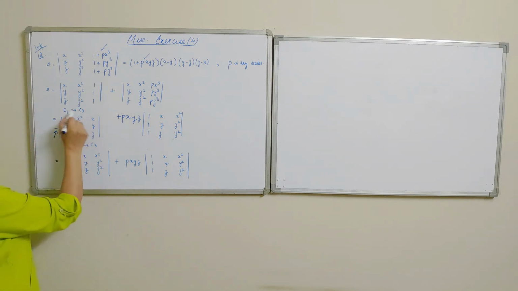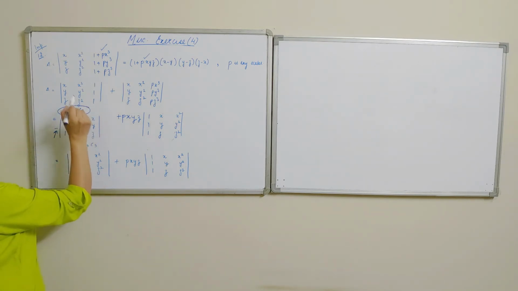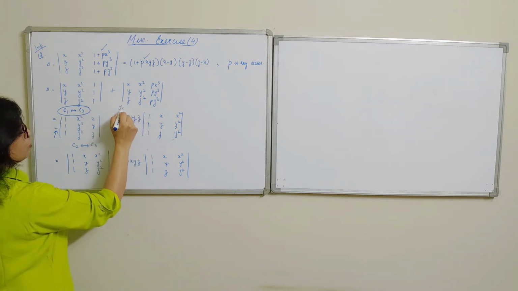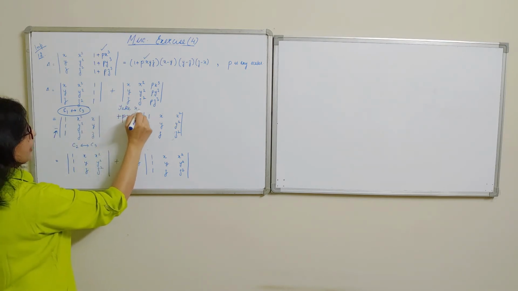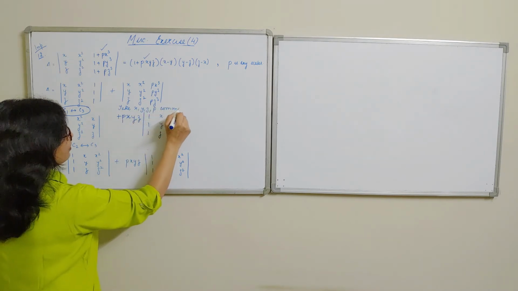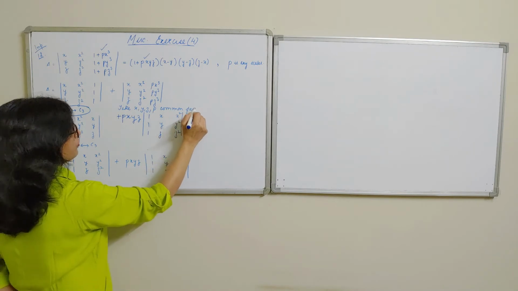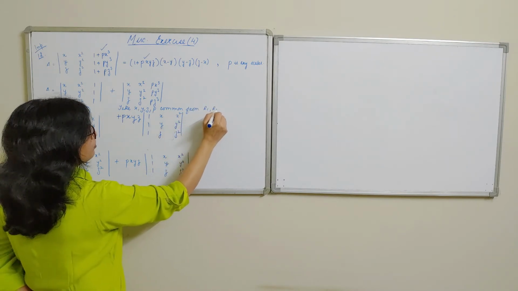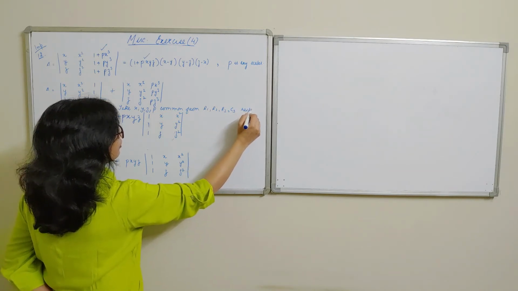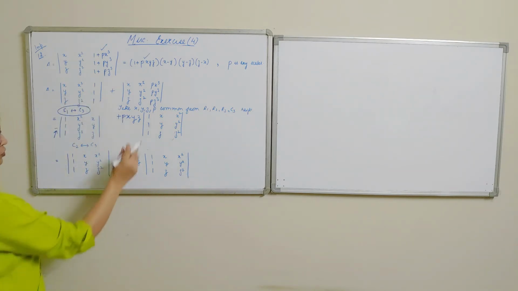So here, like we have mentioned, this operation to be performed on the first determinant. Likewise, if you want to write down here, you can write that take x, y, z, p common from the first row, second row, third row, and third column respectively. Okay, so we have got this.